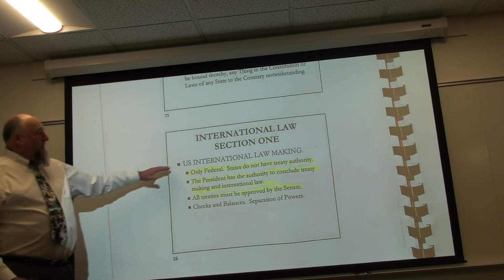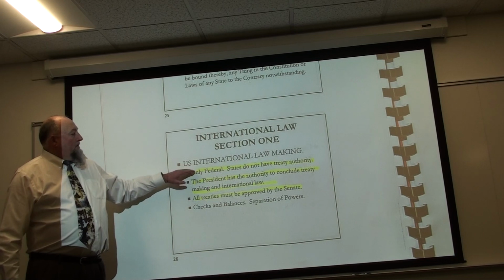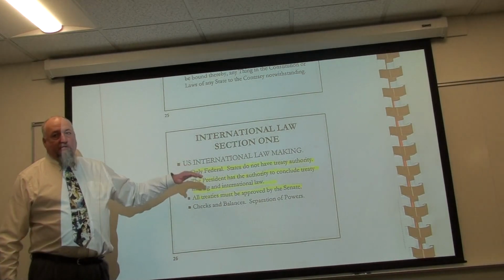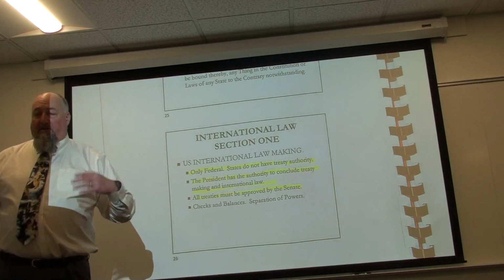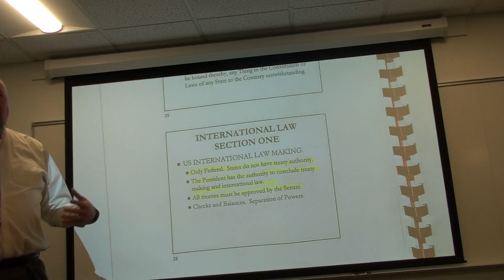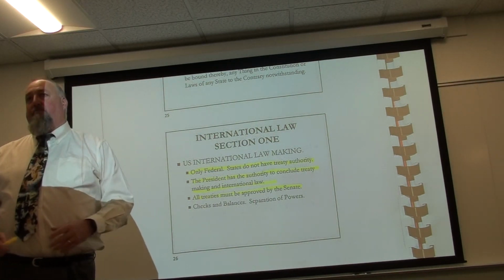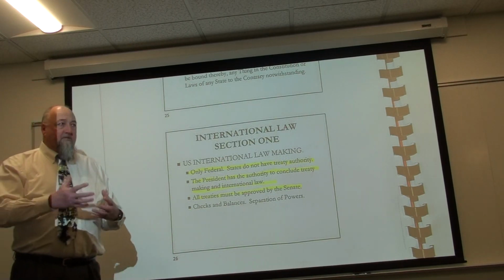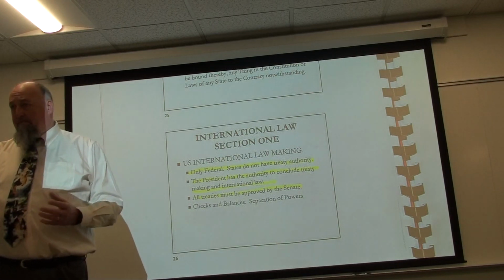All right, so within the United States, all international law must be made at the federal government level by the President. The President of the United States has the authority to enter into international law, be it treaties, conventions, other types of international lawmaking activity.